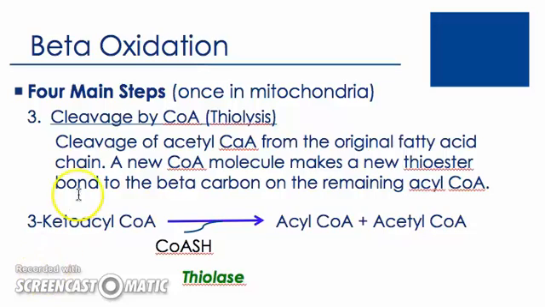In the last step, we see the cleavage of acetyl-CoA. This step also involves the integration of coenzyme A to form a new thioester bond at the 3rd carbon to make a new fatty acyl-CoA shortened by 2 carbons. This reaction is catalyzed by thiolase.